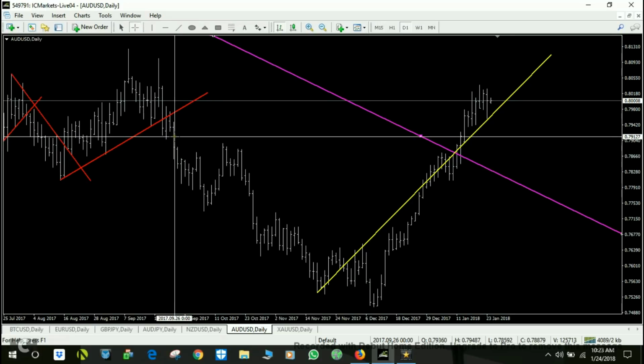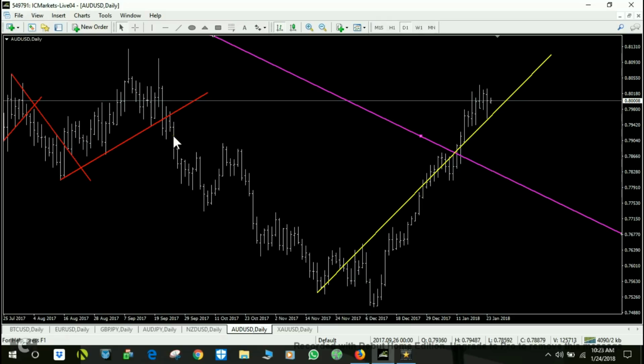Now, if we draw our lines correctly, we can take this trade all the way through to here without getting stopped out, without taking extra trades.